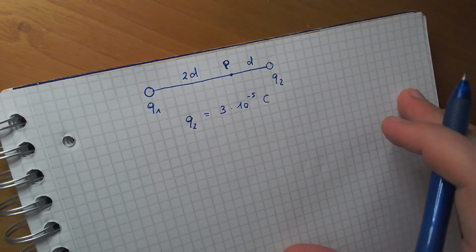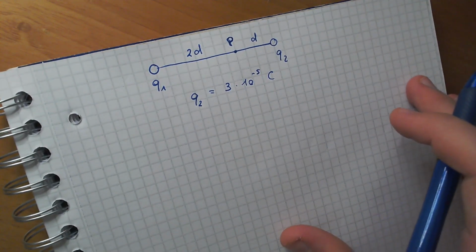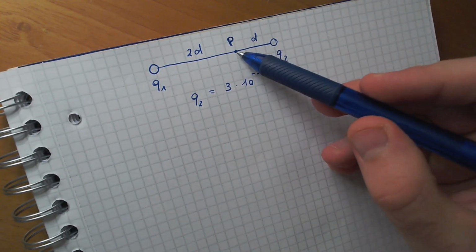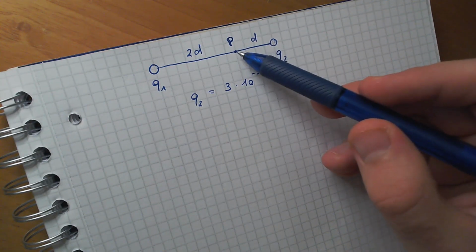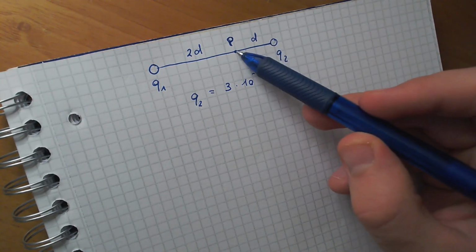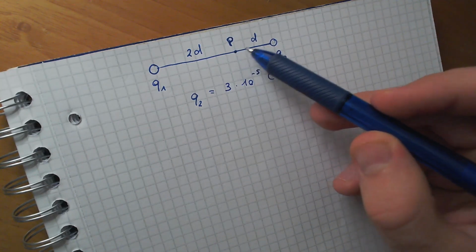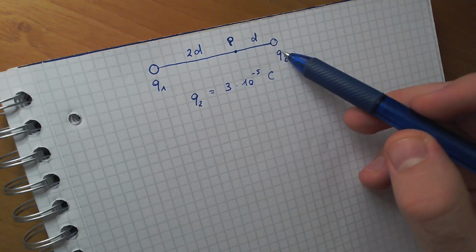We have to consider the fact that the total electric field here is 0. The electric field here is given by the electric field of the two charges.